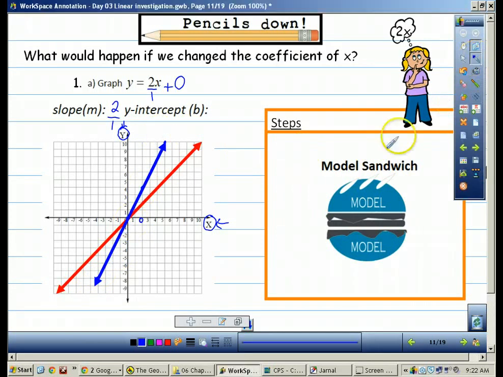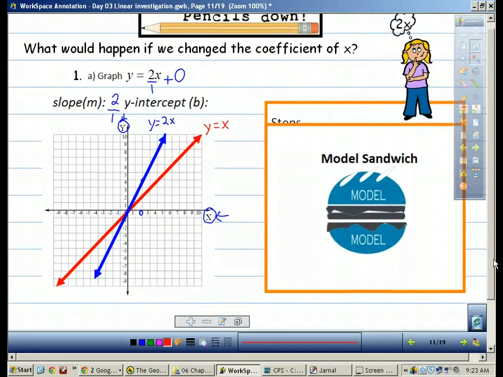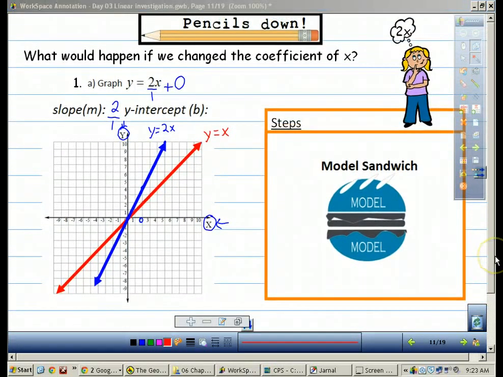So we got this one, that is y equals 2x, and our parent graph, just y equals x. We have 2 of those. And it's going to ask you below, what changes, or what's the difference between these two. We'll talk about that in a second.